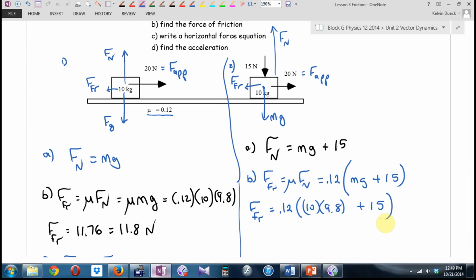It's going to be 11.3 plus 0.22, 11.52 something? No, I'm off. It's got to be bigger than that, Mr. Dueck. You forgot to carry a 1.